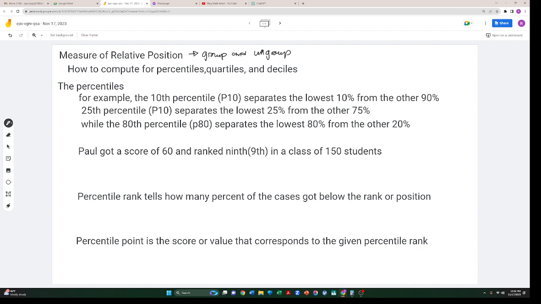Ungrouped data is purely raw data, like 1, 2, 3 or randomized, not yet put in a frequency distribution. Okay? So, how to compute the percentile, quartile, and decile.